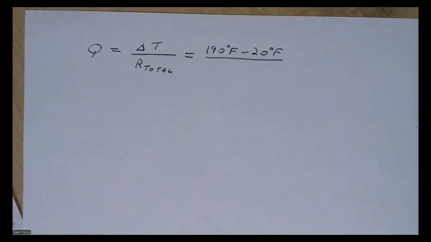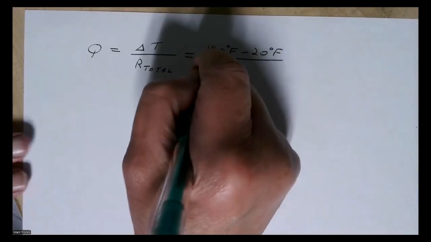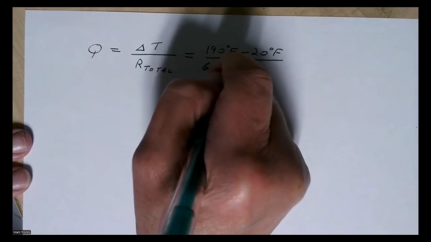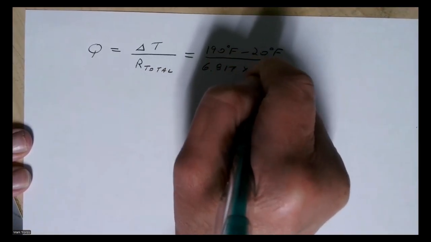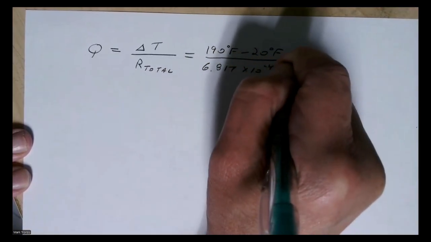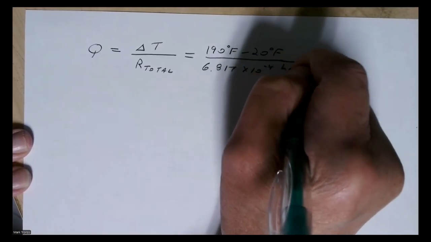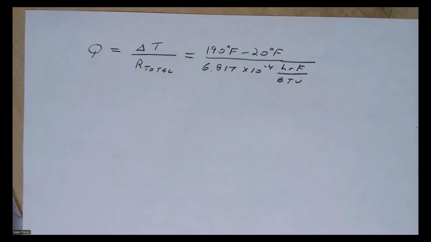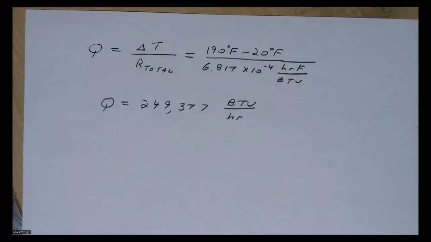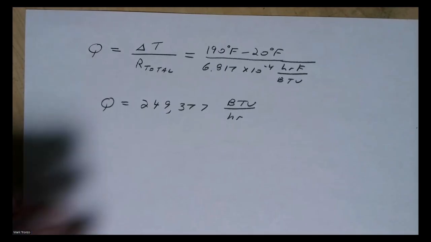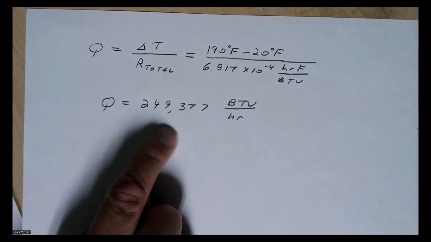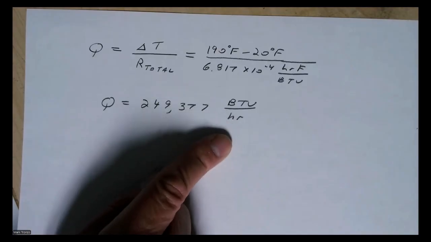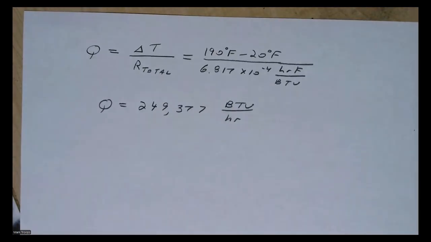And our total resistance was 6.817 times 10 to the minus fourth hour F per BTU. And that's our answer: 249,377 BTUs per hour is the heat transfer.